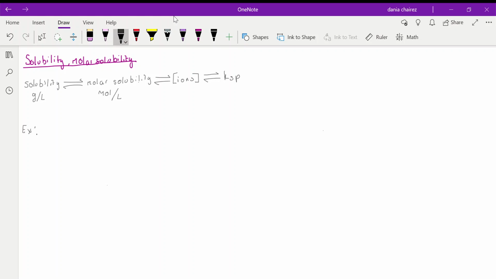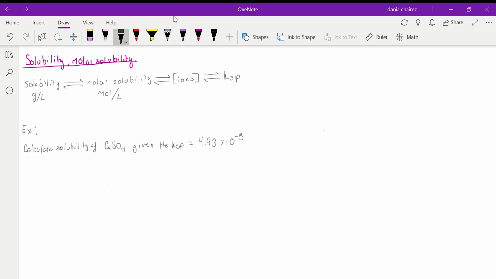We're going to try to calculate the solubility of calcium sulfate, which is CaSO4, given the KSP is equal to 4.93 times 10 to the negative 5.